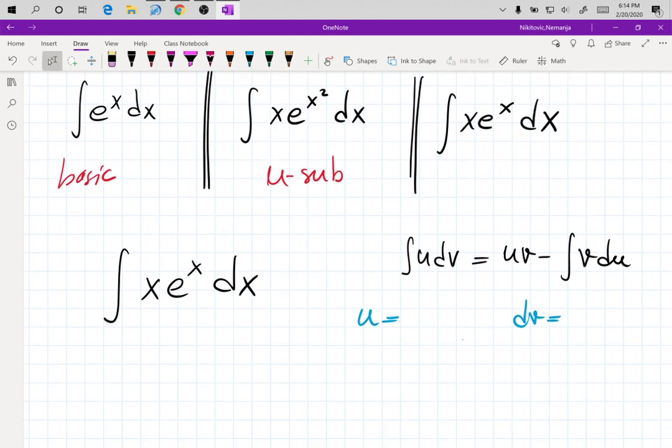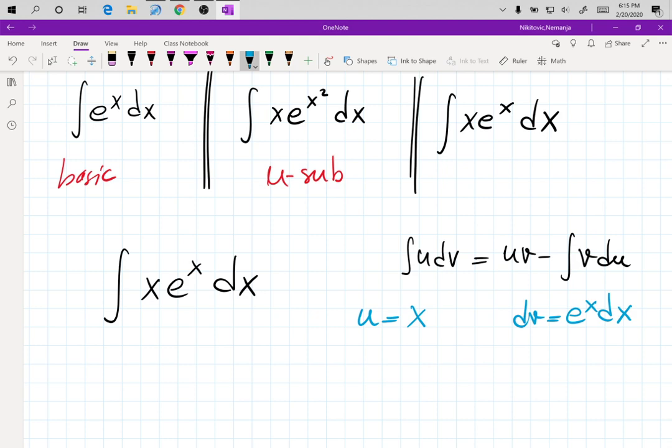Now, experience, homework, and blood, sweat, and tears will eventually teach you what to pick, right? That's something that I don't get to teach, but you get to learn from experience. So now, if I pick u equals x and dv equals e to the x dx, in the beginning, for all of you, clearly this is going to be trial and error.